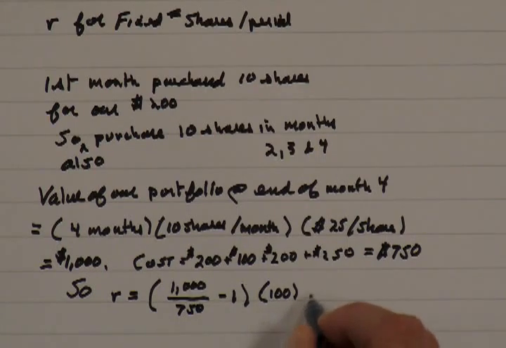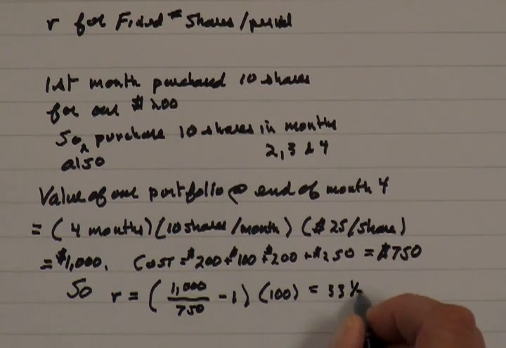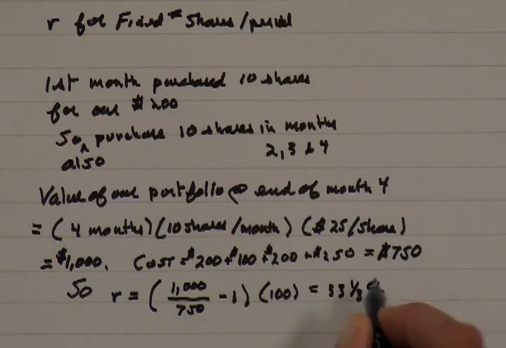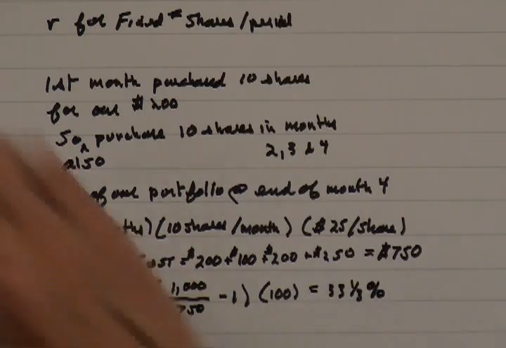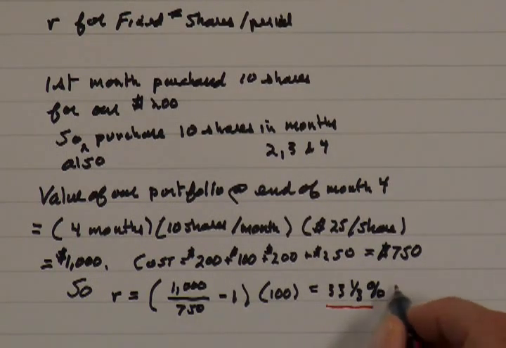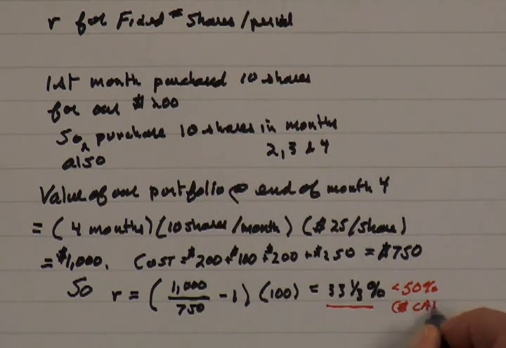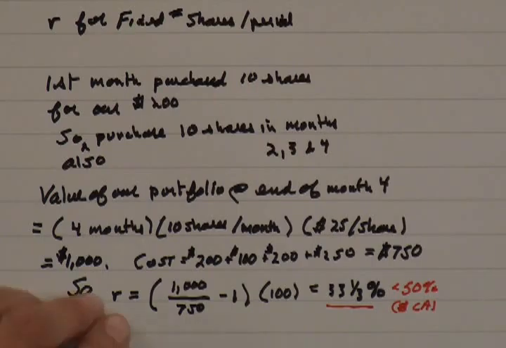So this equals 33 1/3%. Okay, which is less than 50% for dollar cost averaging. Okay. So it's positive, but it's less than we would get by dollar cost averaging.